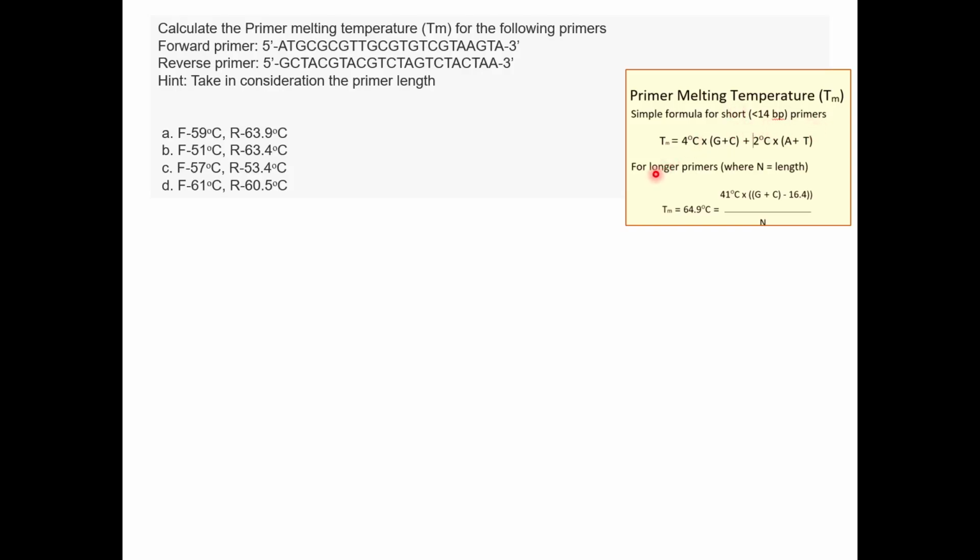But if the primers are longer in length, then we need to have more accuracy. So we have 64.9 degrees centigrade, that is the melting temperature, where you calculate it using 41 degrees centigrade into G plus C minus 16.4, divided by the number of nucleotides.